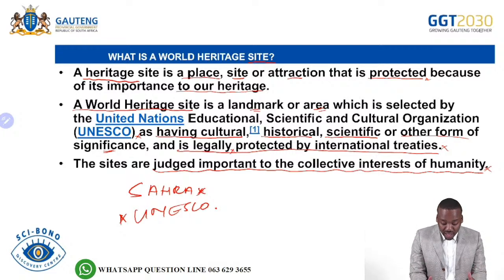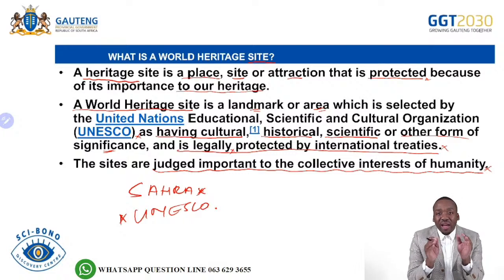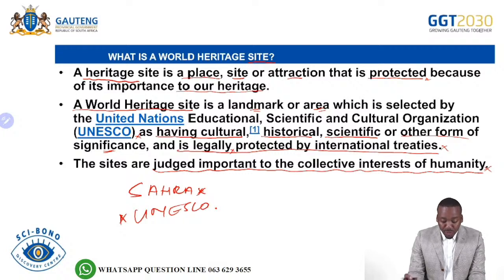SAHRA is from grade 11, but they are protecting the heritage sites that we have in the country. But the ones on the World Heritage Site list are protected by the United Nations Educational, Scientific, and Cultural Organization. Why? Because that particular place has cultural, historical, scientific, or any other form of significance.